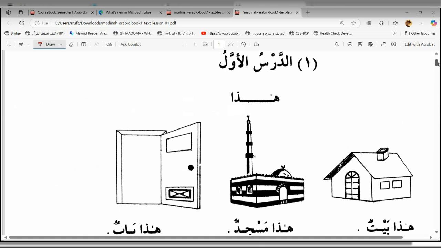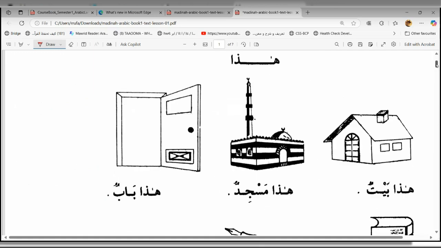It doesn't matter whether it's a living thing or a non-living thing. In English, only certain things, like humans, have gender. Most things have no gender, known as neuter. But in Arabic, there is no neuter. We only have masculine and feminine.